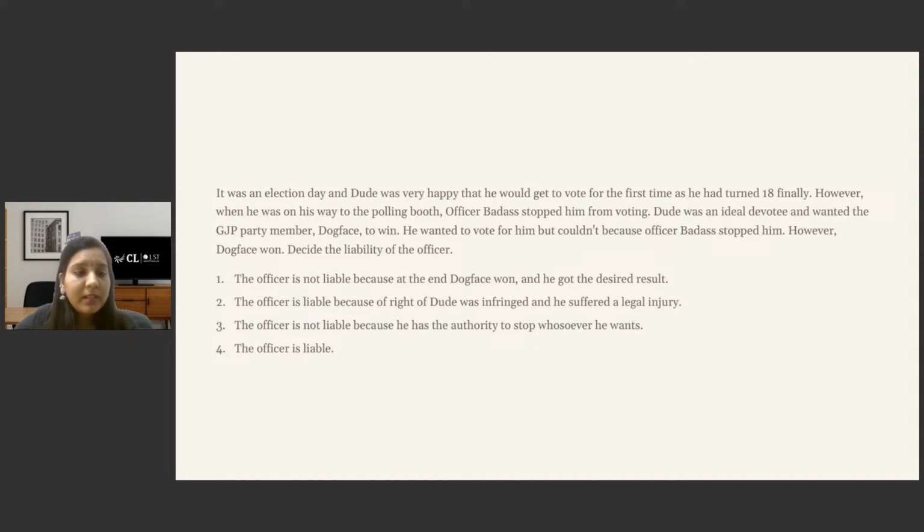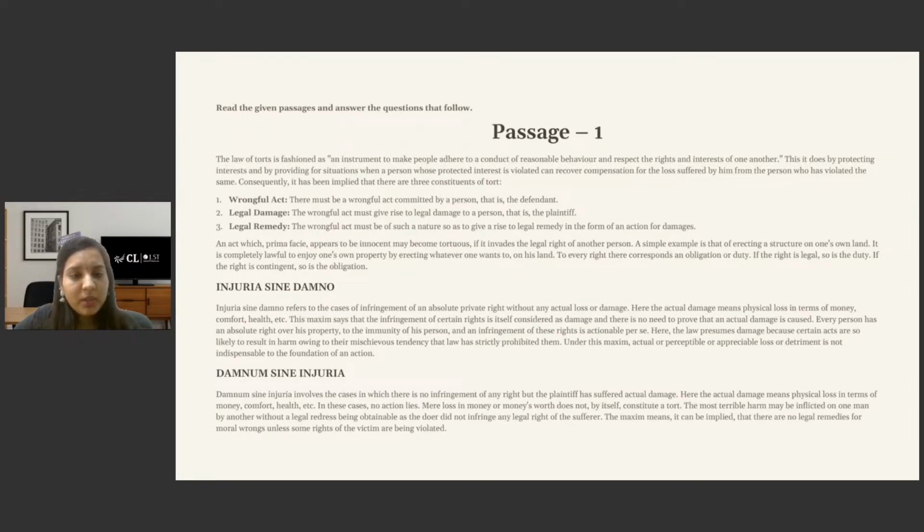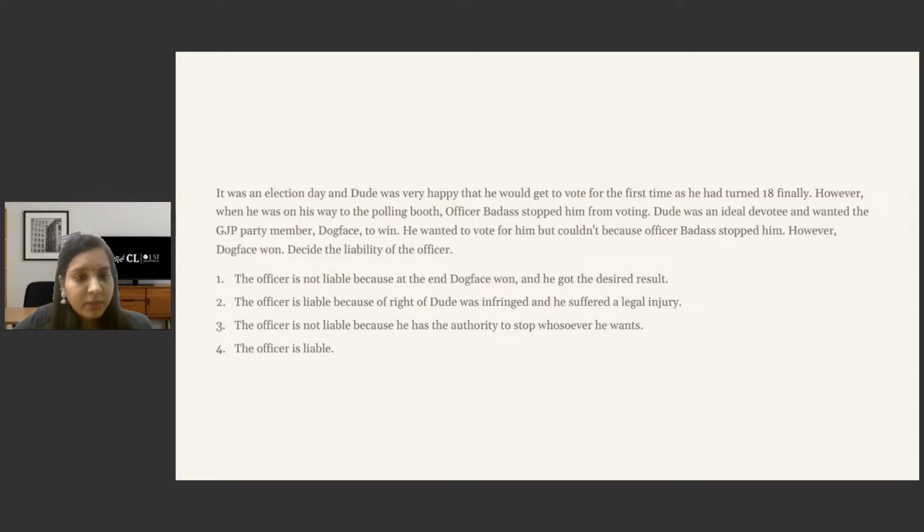Here, when you see, his legal right was cut down, right? His legal right was actually violated. So it would be injuria sine damnum or damnum sine injuria? What would it be? It would be a legal remedy. The lawful act must be of a nature that he has to give a legal remedy in the form of an action for damages, right?